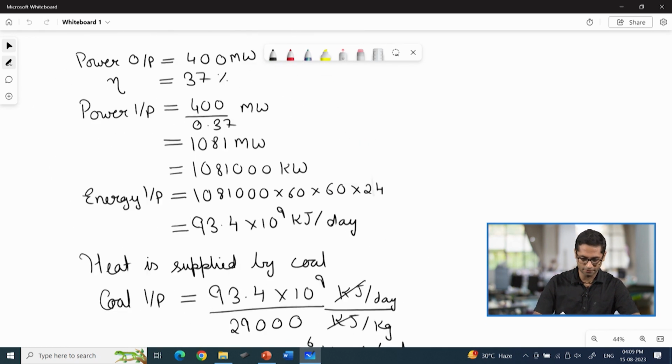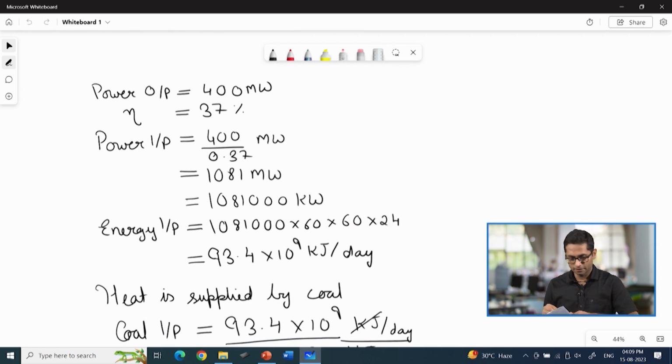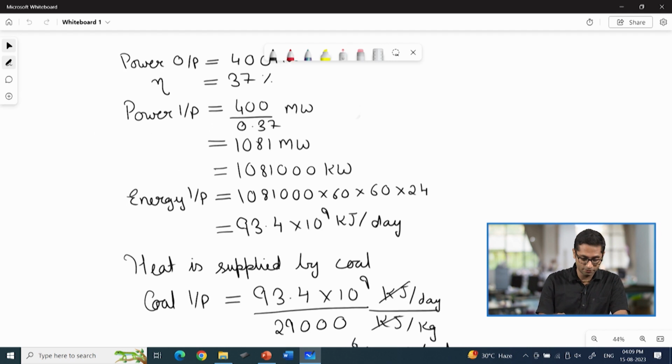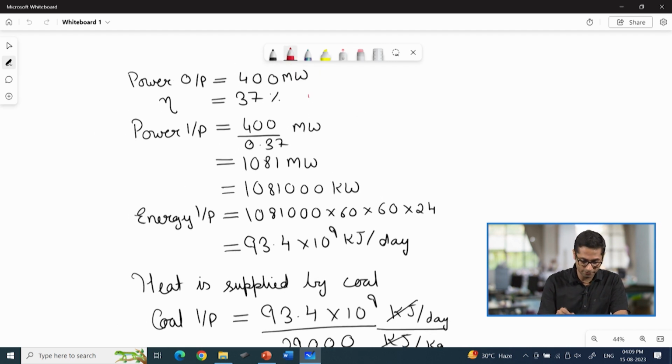Just for the sake of revision, we had the power plant producing almost 400 megawatt of electricity. The efficiency was 37%, which is here. The power input that would be required would be almost 1081 megawatt or 1081,000 kilowatt.